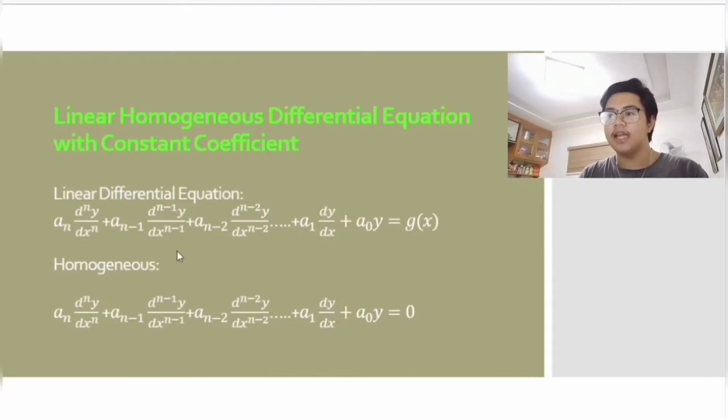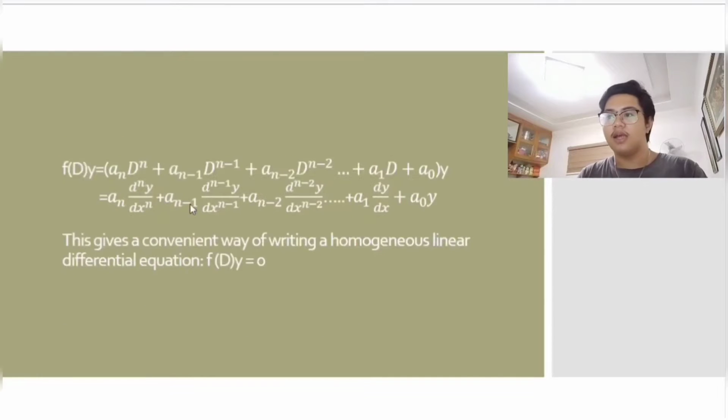Kung mapapansin natin, itong linear homogeneous equation is pwede natin siyang isulat as f of d times y gamit yung differential operator. It means f of d times y is a convenient way of writing a linear homogeneous differential equation.